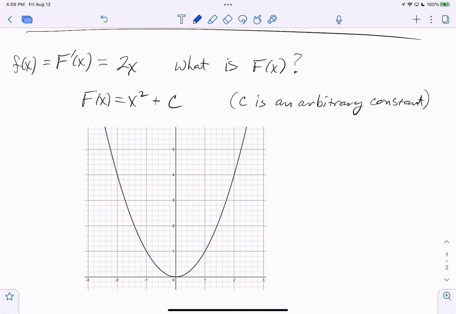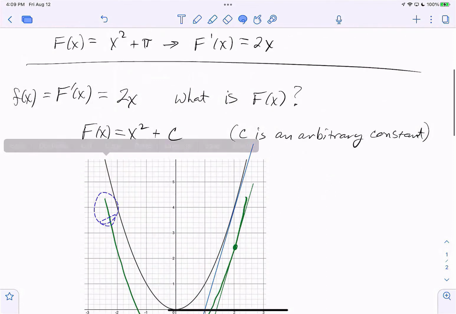Well, remember that the derivative of a function at a point gives me the slope of the tangent line at that point. Here what we're looking at is the graph of y equals x squared, and I've drawn a tangent line here at the point where x is equal to 2. As you can see, if I take the parabola and vertically translate it, then the slope of the tangent line at that point doesn't change, right?